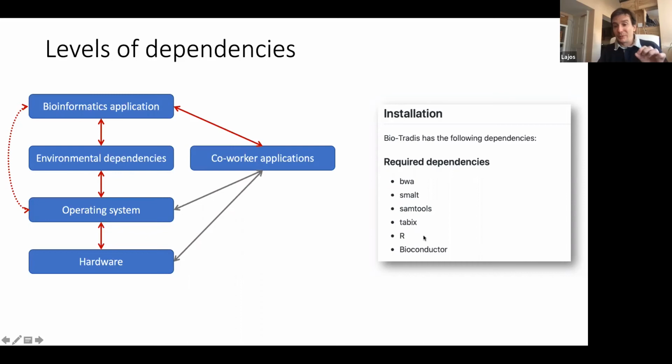And Bioconductor is actually a huge R package to provide a lot of functions for bioinformatics work. So in my mind, the coworker applications are only there to take up a few steps or help your final application to do something that is already written, so you don't have to rewrite these things, and they are complete packages.